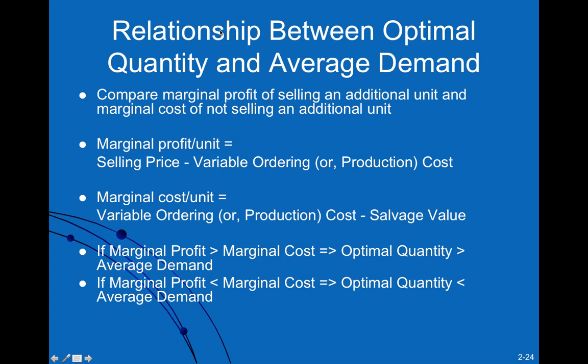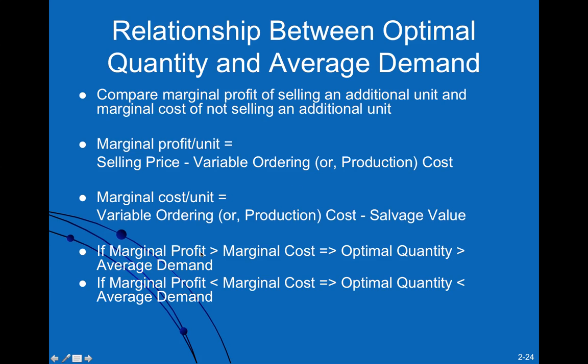So if you look at the marginal profit per unit, selling price minus the variable or ordering cost, right? And then your marginal cost, which is your ordering cost or variable production cost minus the salvage value.